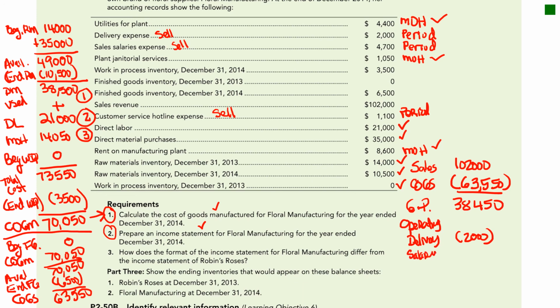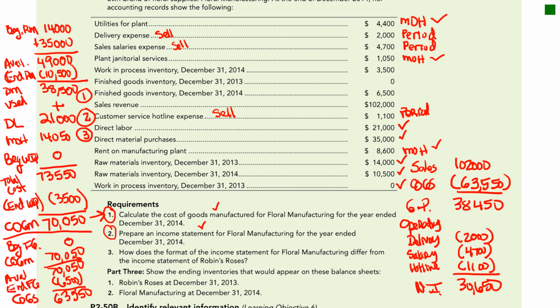We also had the sales salaries. So I'm just going to put salary right there. That was, looks like it was $4,700. And then let's see, we also had the hotline expense. So I'm just going to put hotline, and that was for $1,100 right there. And that's basically all of your period cost. You're going to subtract that. You're going to get an income, in this case, of $30,650.